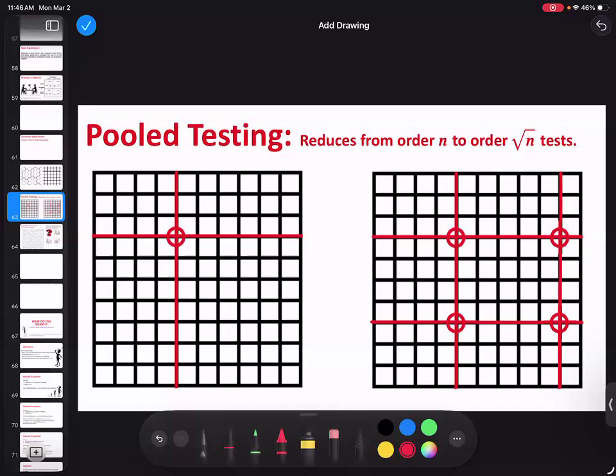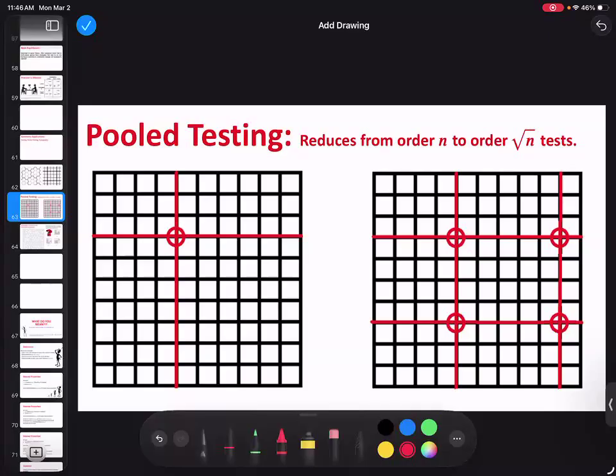Imagine we break everybody into two different groups. Everybody's in two groups. You're in your row and you're in your column. And what I'm going to do is combine the samples. So I'm going to have n row samples and n column samples. And imagine only one person is infected. So I will have this person as the one person who's infected.